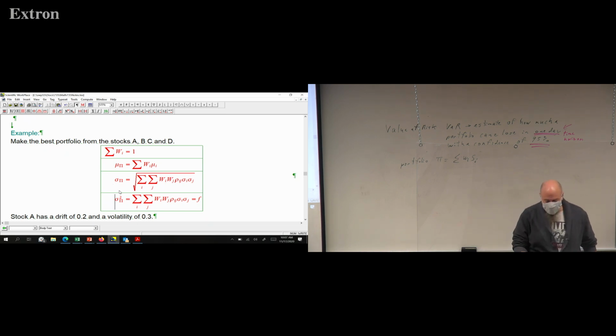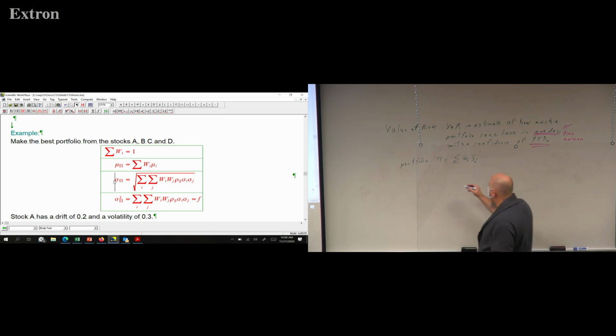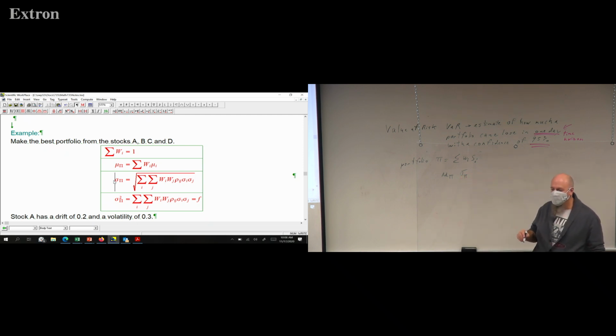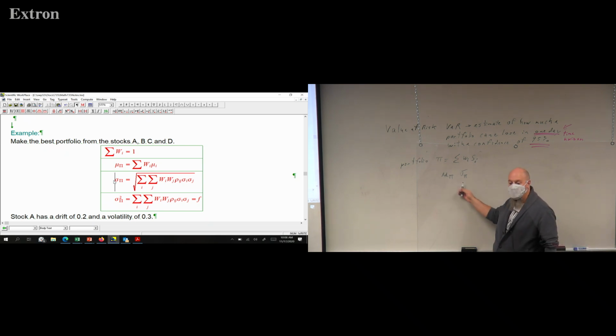And we can also calculate the standard deviation for the portfolio. So if I have a portfolio of stocks, I've already predetermined the weights. My portfolio has a drift rate, and my portfolio has a volatility. And we're assuming that these are also connected to a normal distribution.